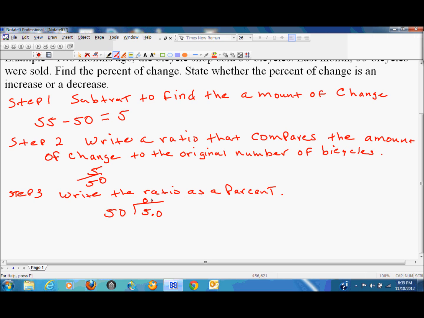That's going to go 0 times decimal, and that's 1. So that'll be 50 and 0. So my ratio as a percent will equal 0.1 or 10% because the 1 is in the 10th place, or 10%. Okay, so the percent of change for the bikes is actually 10%.